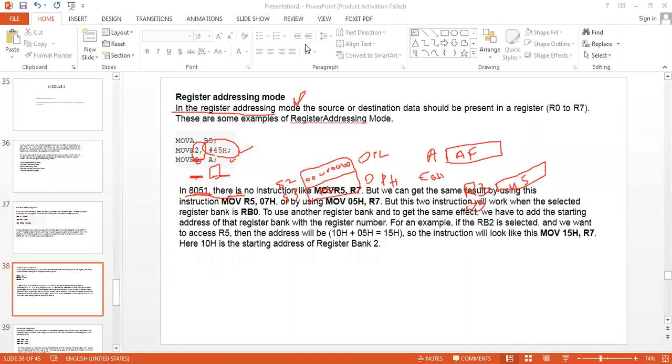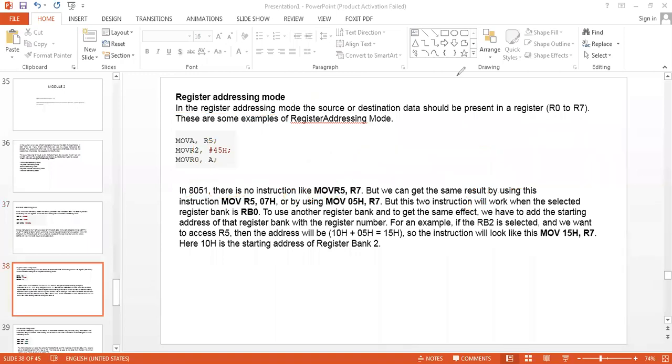Register addressing mode. So here basically, there are registers that we have seen: SP register, A, B, R0 to R7, DPTR, and also PC registers.